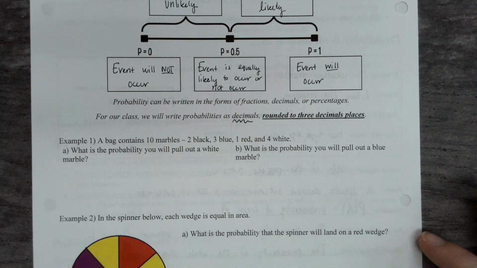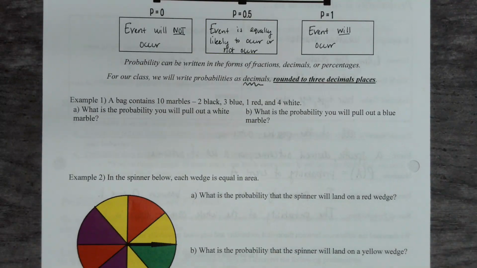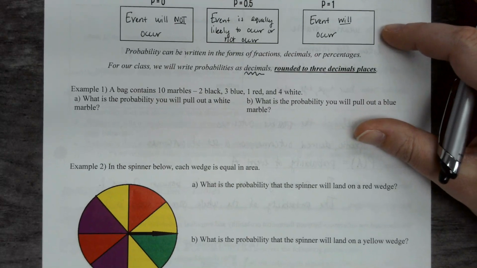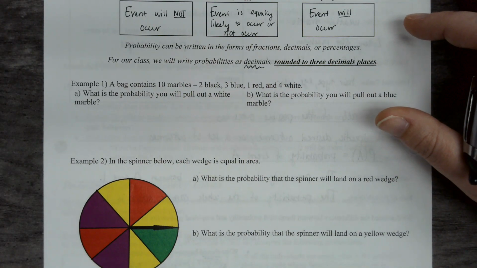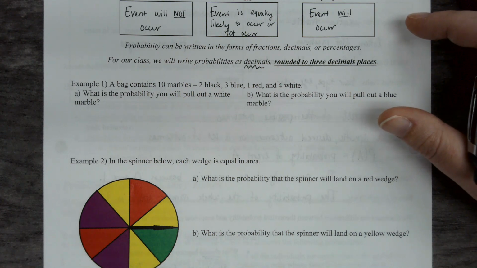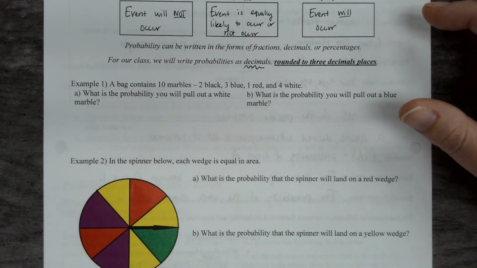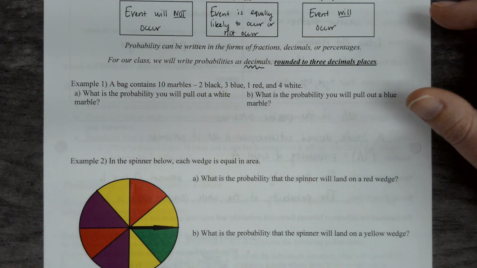So in example 1 of probability, we have a bag of marbles. We have 10 marbles: 2 black, 3 blue, 1 red, and 4 white. We want the probability that you're going to pull out a white marble. We want to make sure that this is a theoretical probability because we're looking at what should happen.